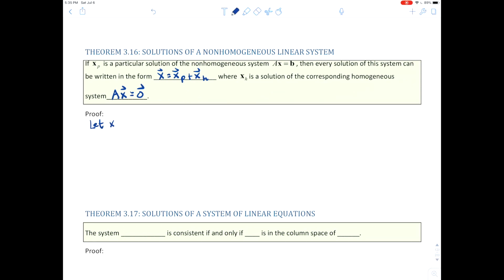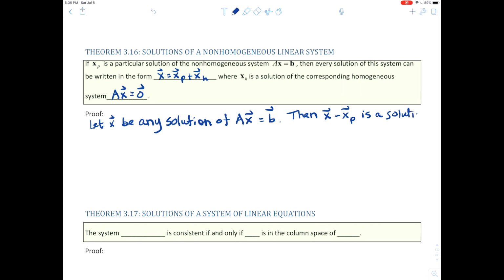If we let X be any solution of A times X equal to B, so that's in our premise, well, then wouldn't X minus X particular be a solution to A times X equal to 0?